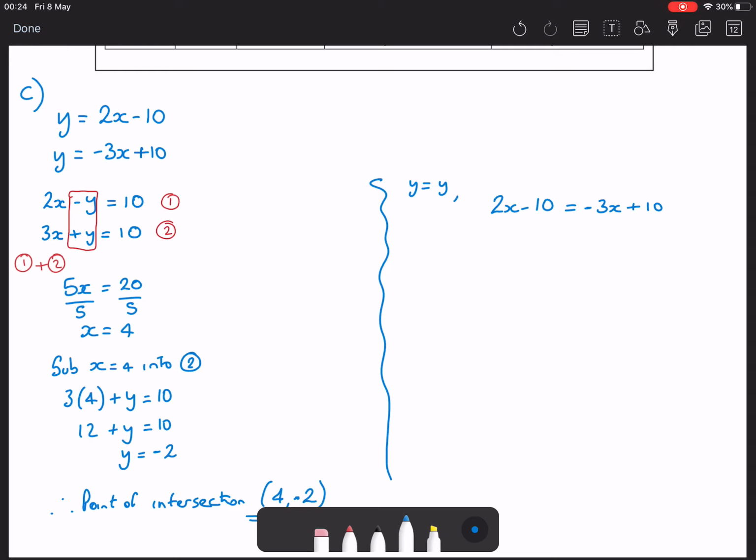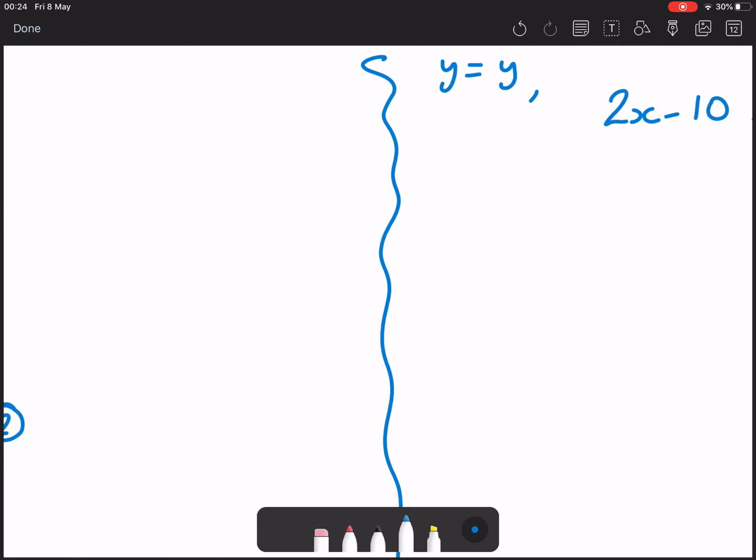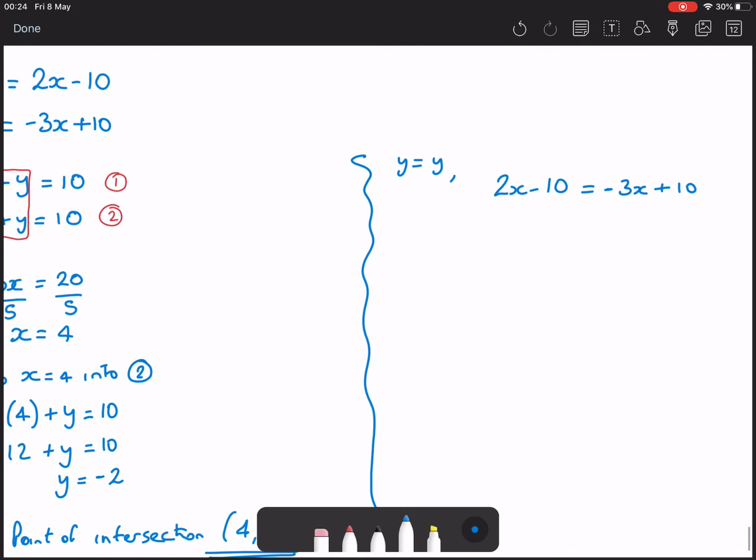I create myself an equation. If I add 3x to both sides, 5x minus 10 is equal to 10. 5x must equal 20, add 10 to both sides, divide by 5, x is equal to 4.